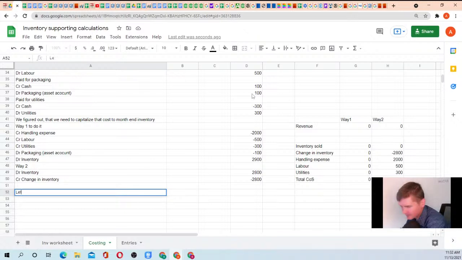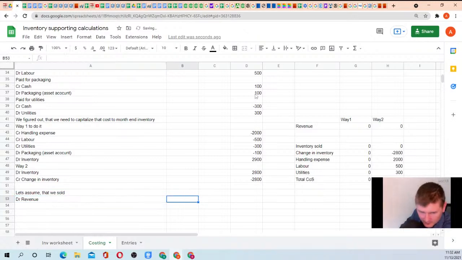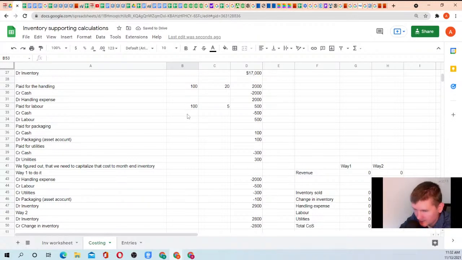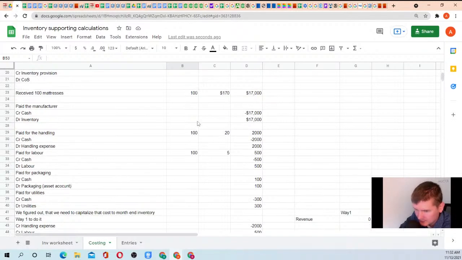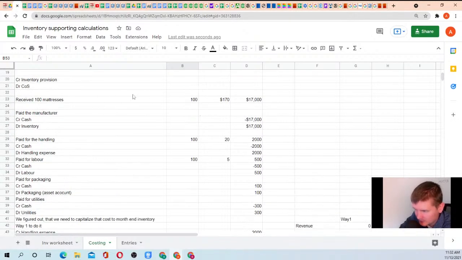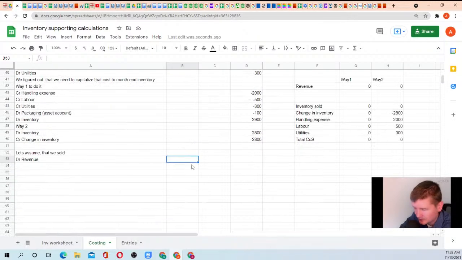Now let's assume that we sold, debit revenue. What numbers do we have here? We also have these matrices, 170, let's say to 50.